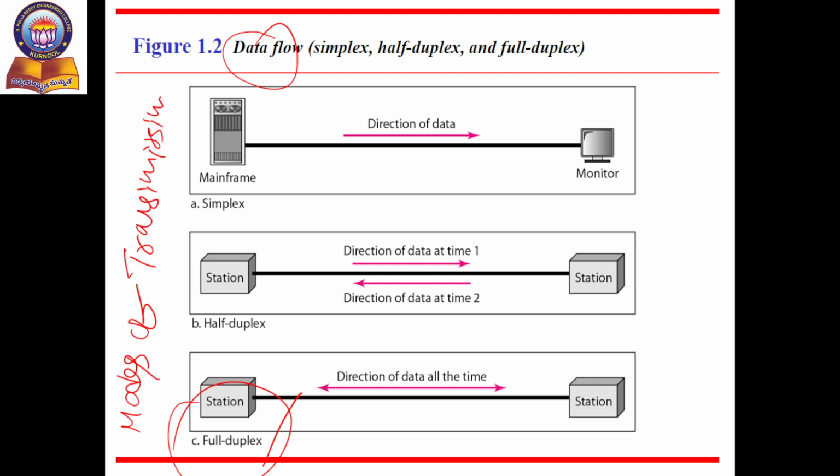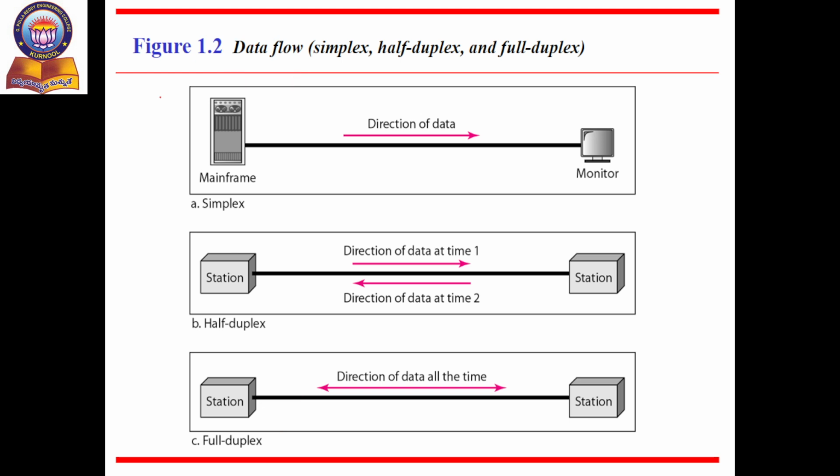This data flow we name as modes of transmission also. These are a few different types of data flows inside the network we use for communicating with other devices.